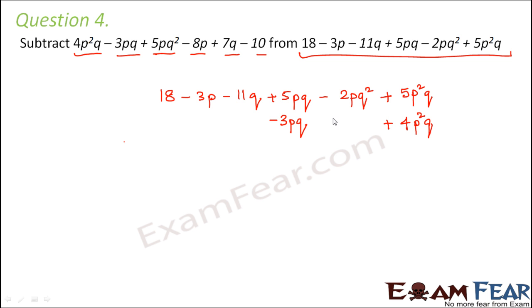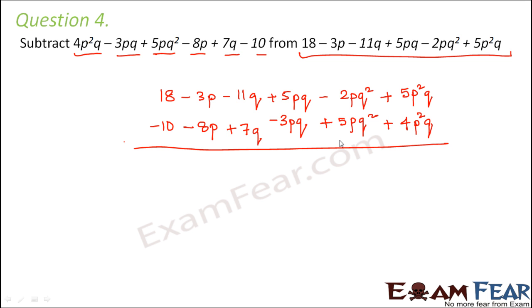Then you have 5pq square, we will put it here, that is plus 5pq square. Then is minus 8p. So minus 8p should be here. 7q should be below minus 11q, and minus 10, which is the constant, should be below the constant term 18.